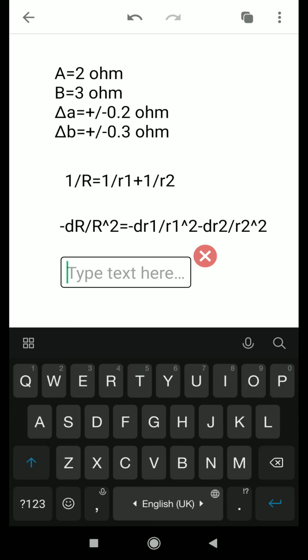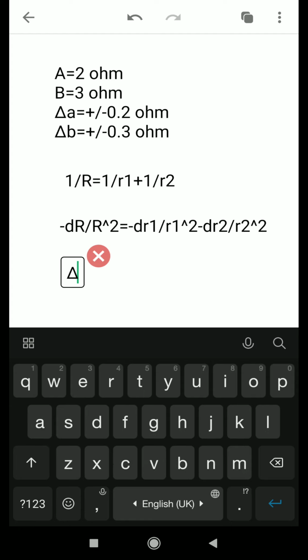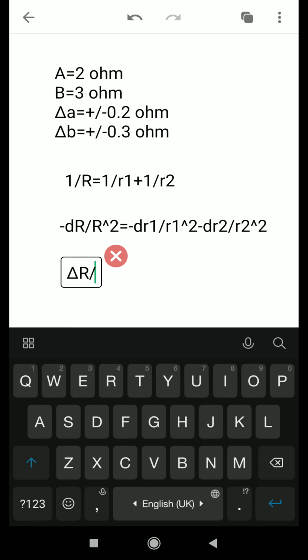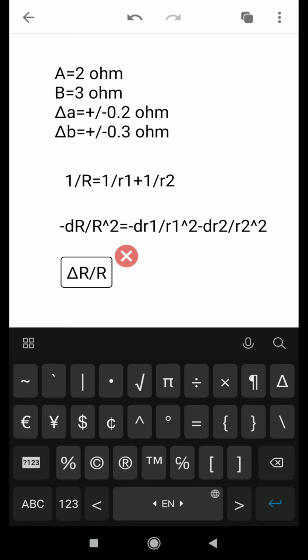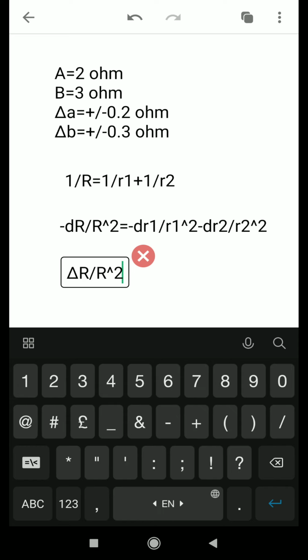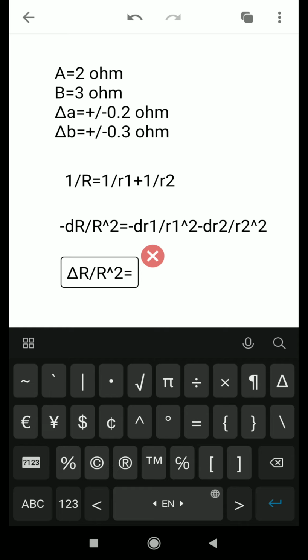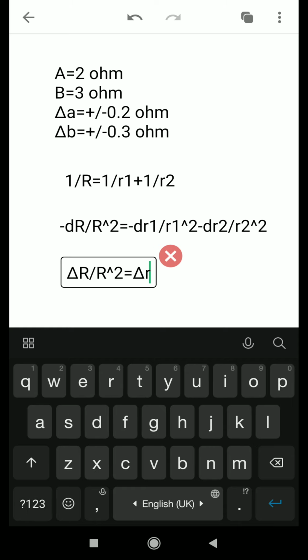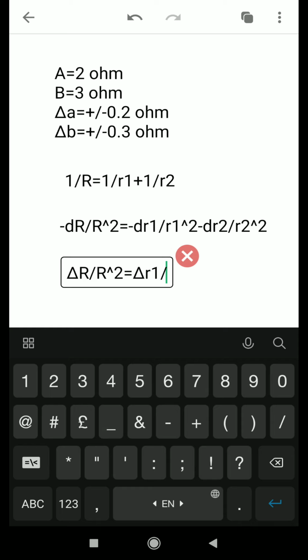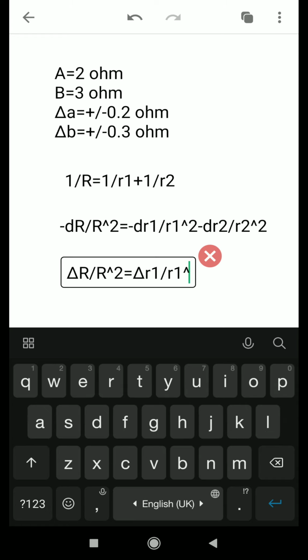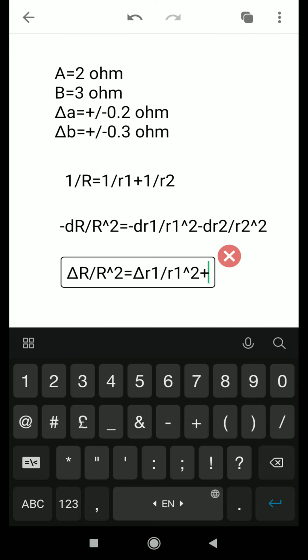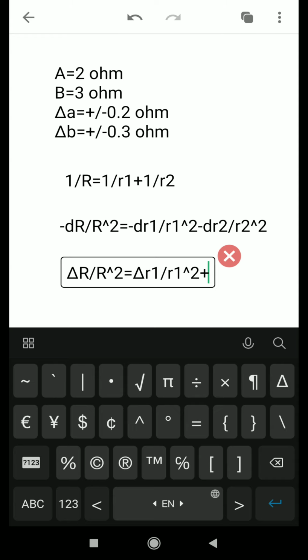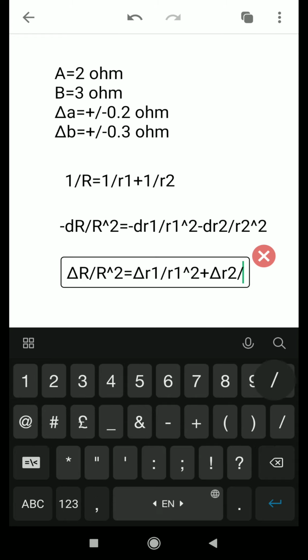From that we should write this: del R by R square equals del R1 by R1 square plus del R2 by R2 square.